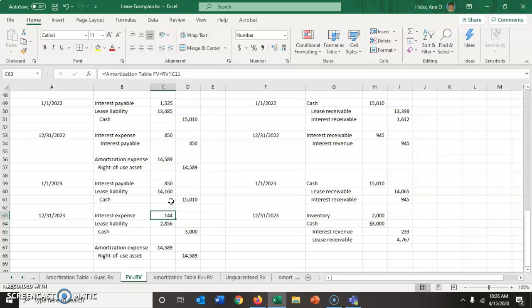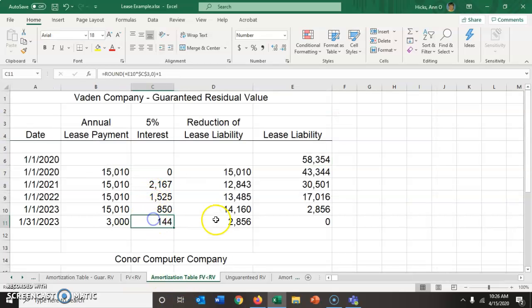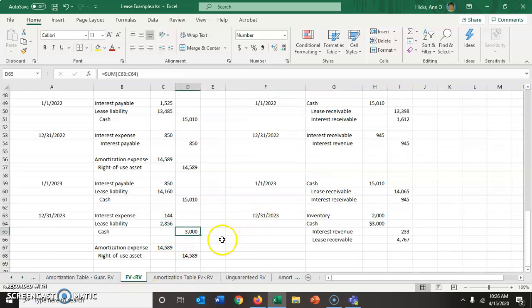So we'll debit interest expense and debit lease liability based on the amounts in the amortization table, and then we'll credit cash. And that really is the only difference in this scenario and the previous scenario. And of course, we'll be giving them back their asset.